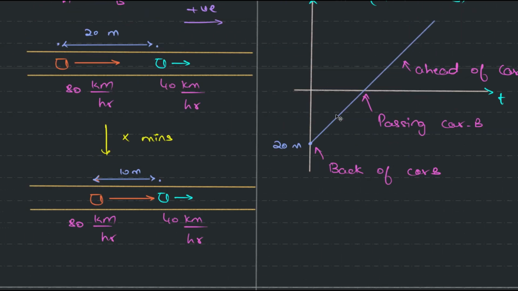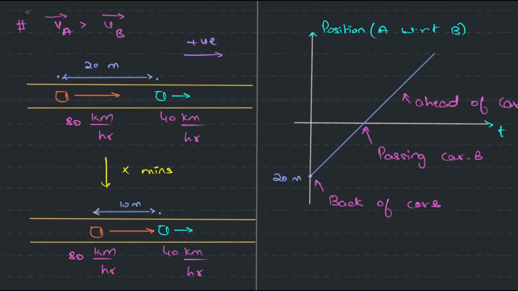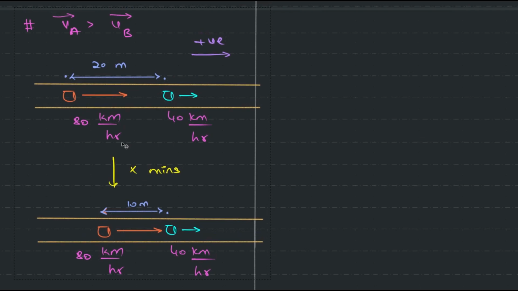And finally, the third case. I can just copy all of this. Now the case is, the object is slower than this.